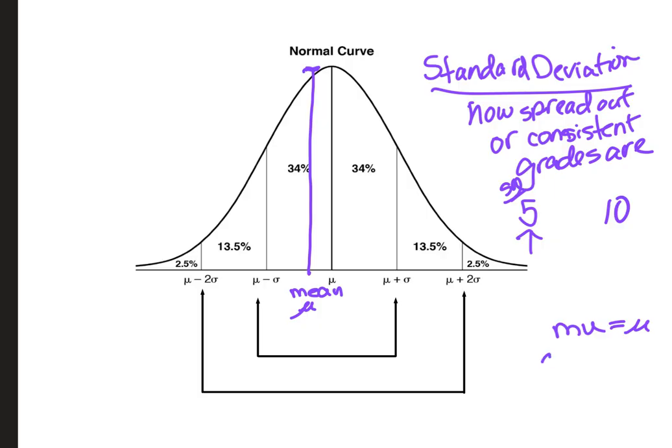Okay, and this symbol right here stands for the standard deviation. So one standard deviation above the mean would be right here, so plus one standard deviation, and one standard deviation below the mean would be here. So 68% of the people are within one standard deviation about the mean.